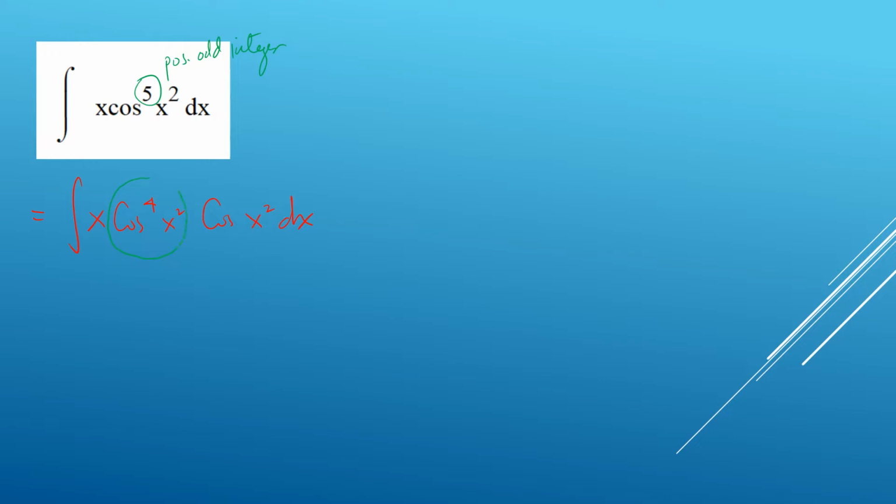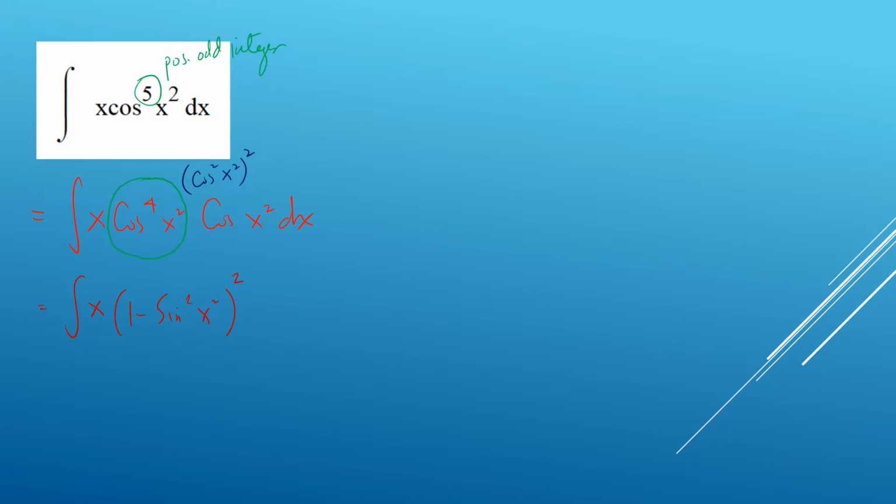Cosine to the fourth of x squared is equivalent to cosine squared of x squared, quantity squared. So x cosine to the fourth is cosine squared, and cosine squared is 1 minus sine squared x squared, quantity squared.